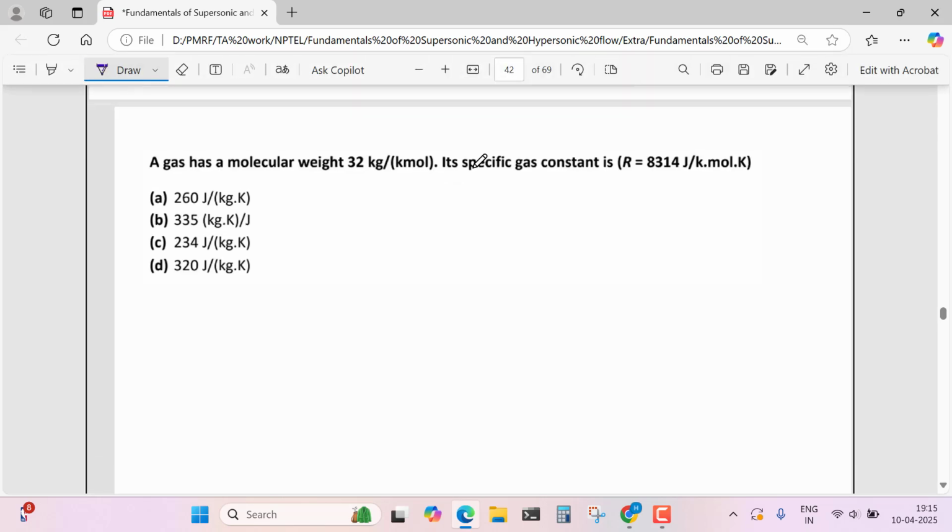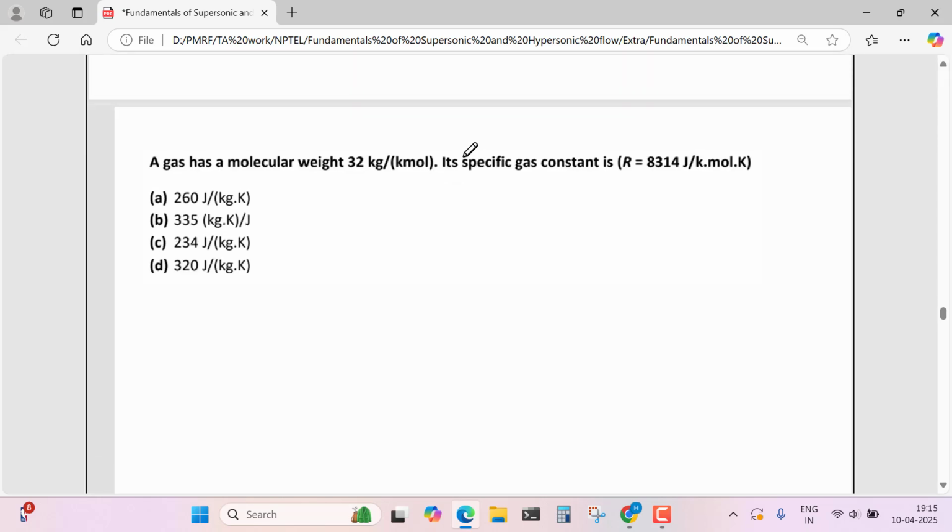Now let's see the next problem. A gas has a molecular weight 32 kg per kilomole. You have to find the specific gas constant R. Okay, let's say this, I denote the universal gas constant by R bar.